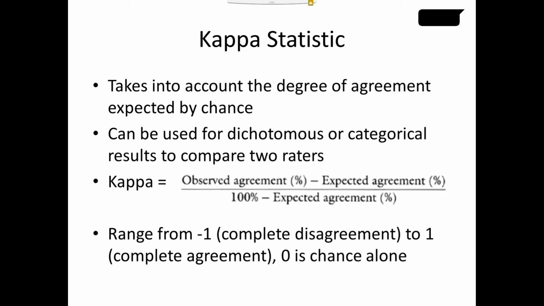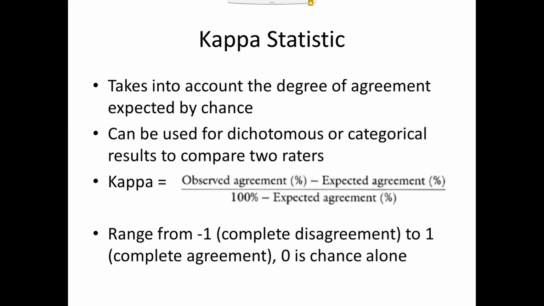And the Kappa statistic equals the proportion of observed agreements, so how often do the 2 raters agree, minus the expected agreement by chance, over 1 minus the expected agreement.